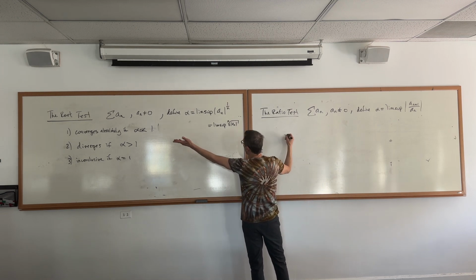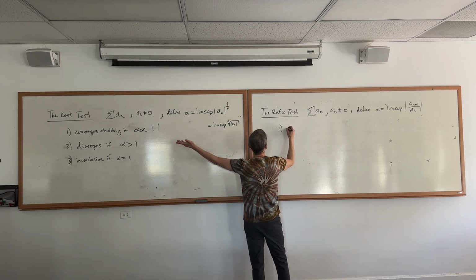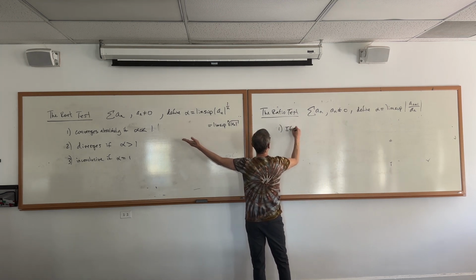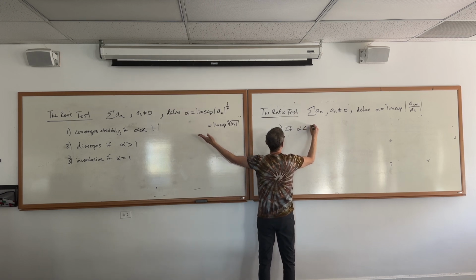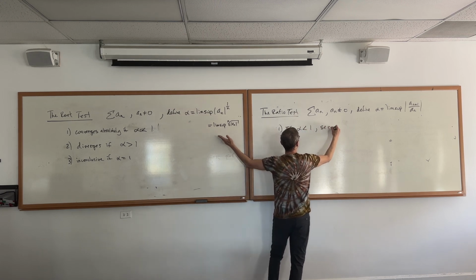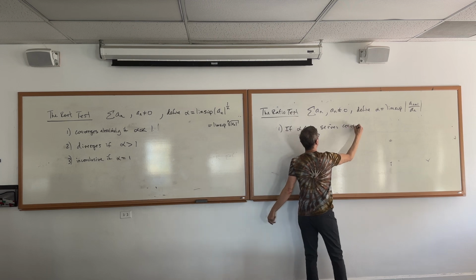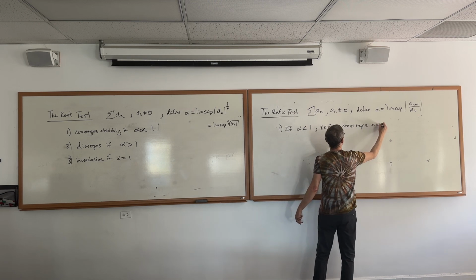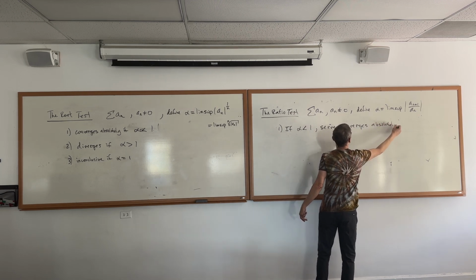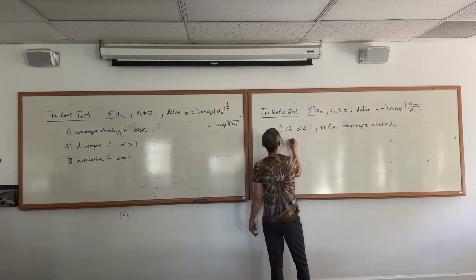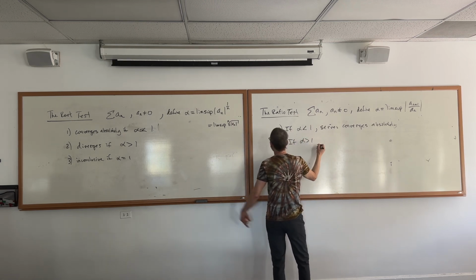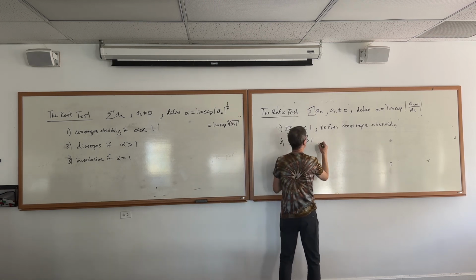You're going to see, we actually have the exact same results here. So if alpha is less than 1, the series converges absolutely. If alpha is bigger than 1, I'm saying these in slightly different orders, the same thing.